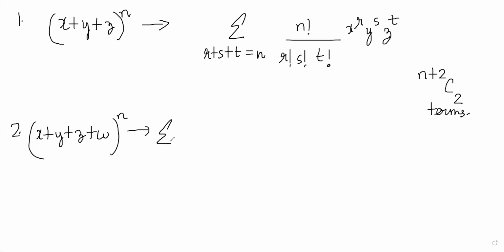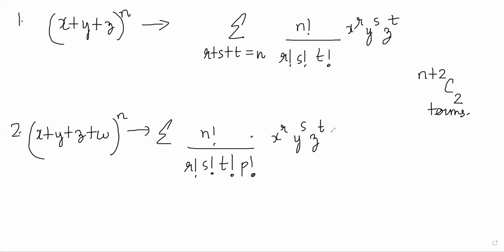The general term is n factorial by r factorial, s factorial, t factorial, and say p factorial, times x power r, y power s, z power t, and w power p, such that the addition of these four is equal to n. How many terms will be there? It will be n plus 3 c3. That many terms will come.